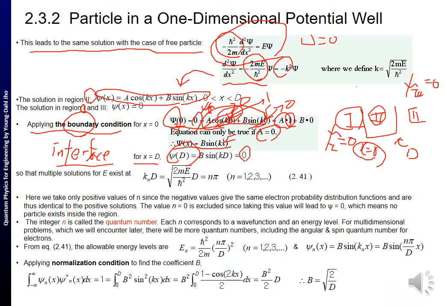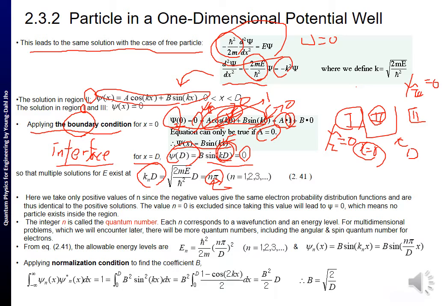So multiple solutions for energy exist when kd satisfies n pi, where n is an integer. Actually, that's the way we satisfy this condition. Yeah, that's the characteristic of the sine function.